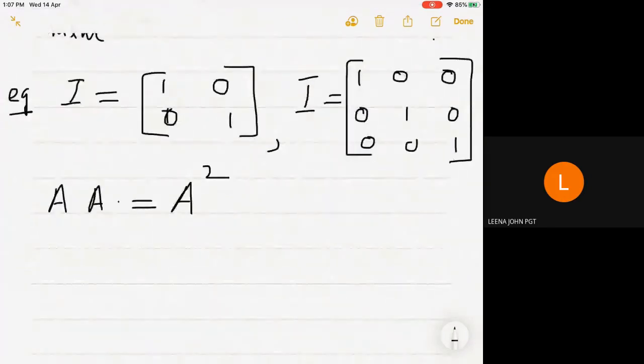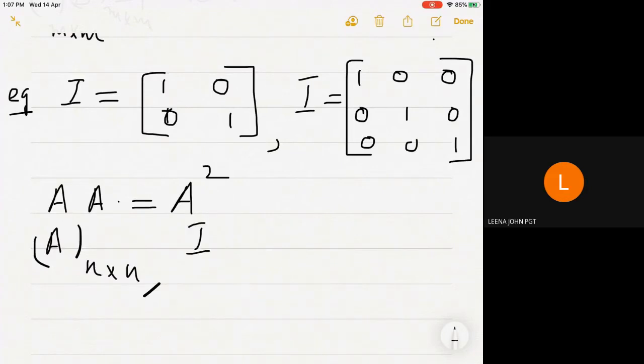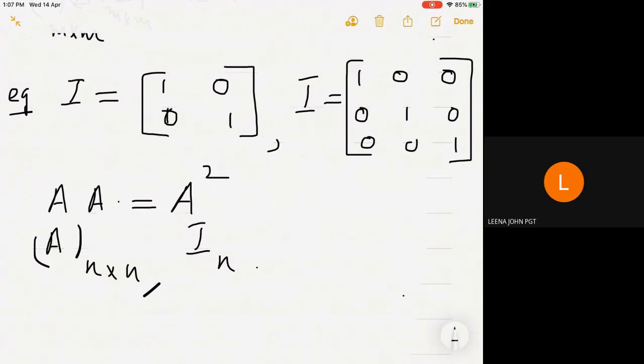And also you have studied the property of matrix multiplication. The unit matrix is called the multiplicative identity. If A is a square matrix of order n by n, then I of order n by n behaves as the identity matrix.